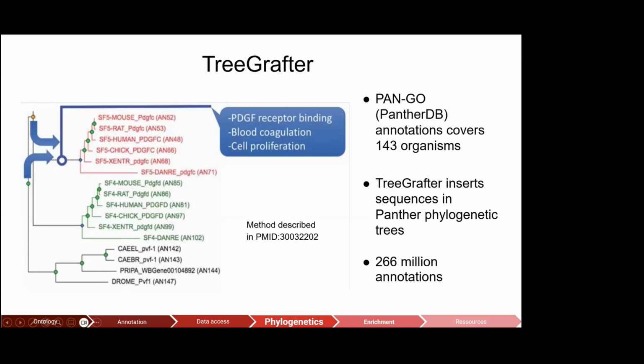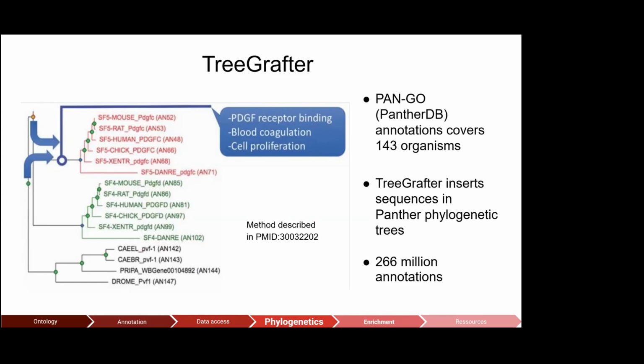So this allows to increase a lot the phylogenetic annotations. But this part is not manual. And so we can always put some caution because it's better to have some manual checking. You have the methods paper described here, and at the moment we have several hundreds of million annotations just with this project. So it's a super PAN-GO, but with less, I would be more cautious about the truth of this.